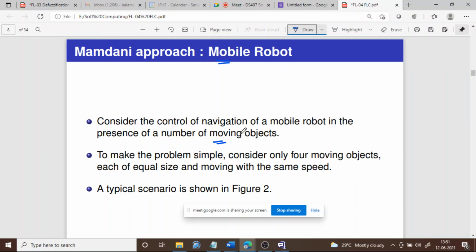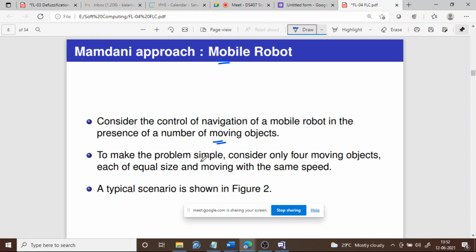Actually, it is a complex problem because in the real world there will be many objects. The objective is that the robot should move without hitting any of the objects. So we simplify the problem to a certain extent.